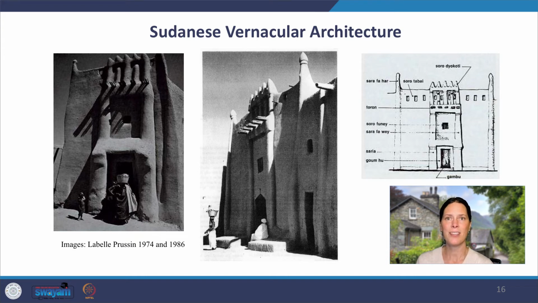Labelle Prussin, an authority on West African architecture, calls them required structural buttresses and describes them as the functional base upon which the iconography of the earthen ancestral shrine can be projected.